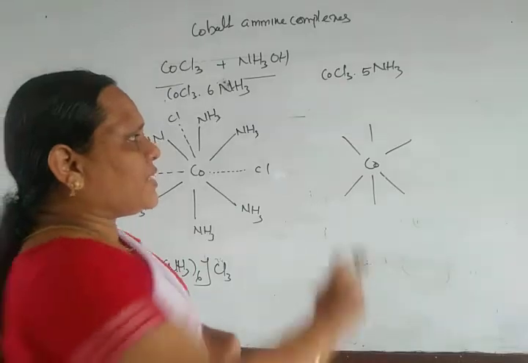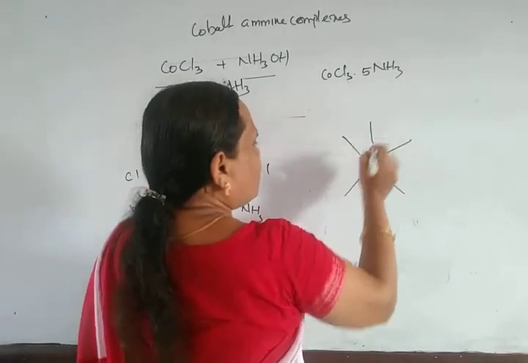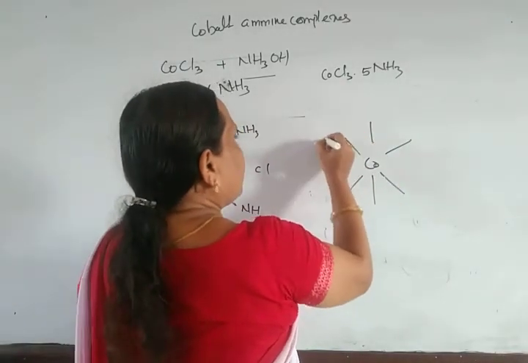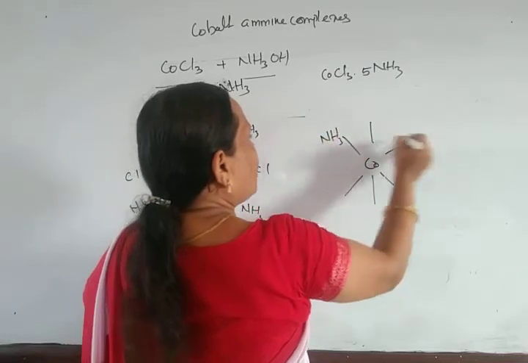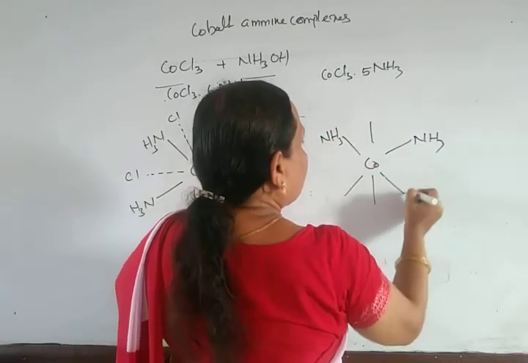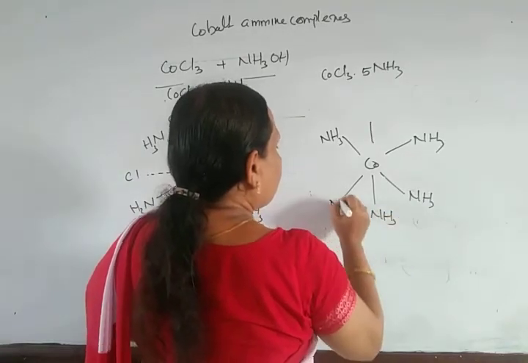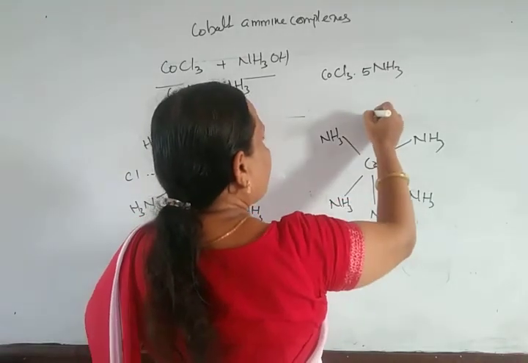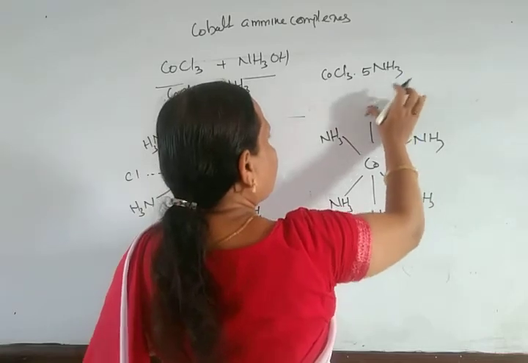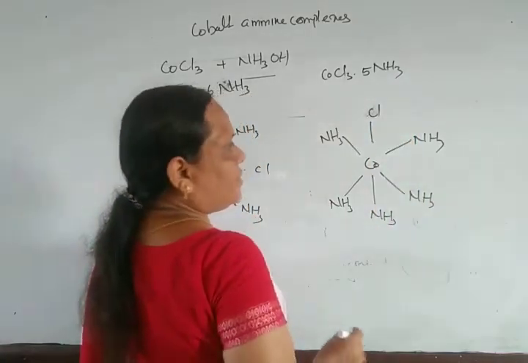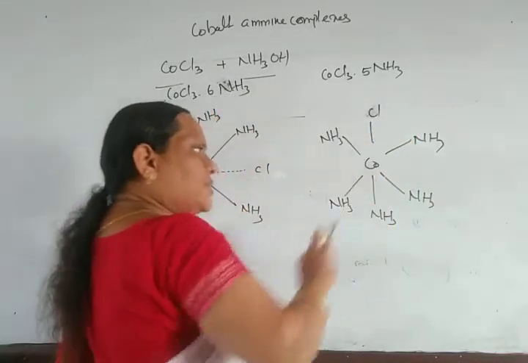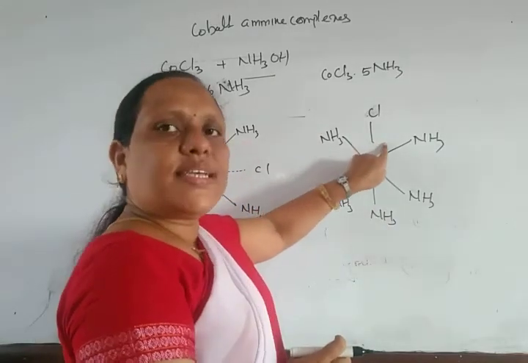It has a fixed number of secondary valency, so the geometry is fixed in this way: ammonia, ammonia, ammonia, ammonia, ammonia, and here one chlorine atom.